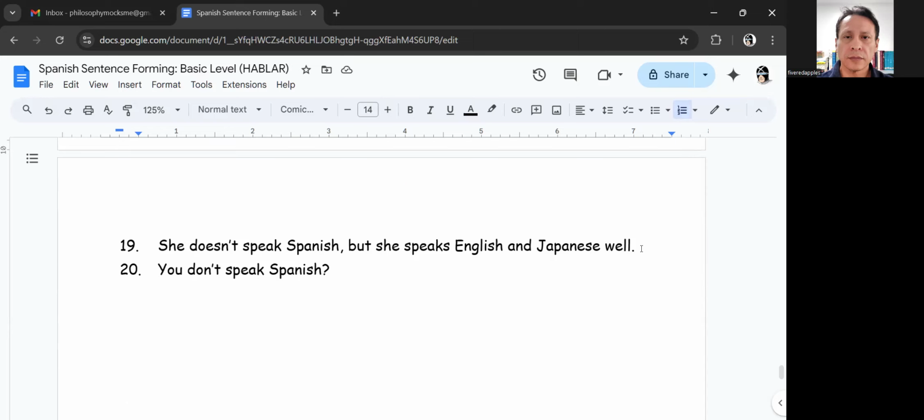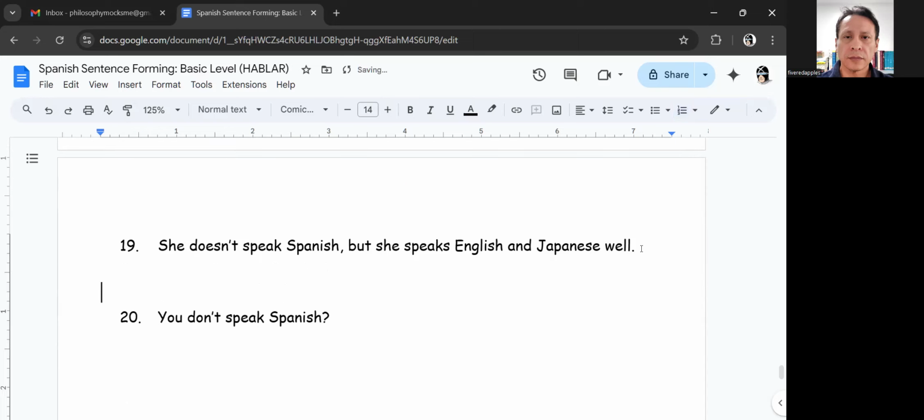Last two. Let's put this one below. Can you do this? I'll give you a little time. I feel like I'm kind of rushing things. She doesn't speak Spanish, but she speaks English and Japanese well. She doesn't speak Spanish, but she speaks English and Japanese well. Again, we'll put the pronoun. Ella no habla español, pero, and we would repeat the verb in Spanish, pero habla inglés y japonés bien.